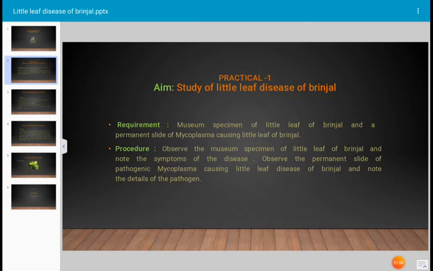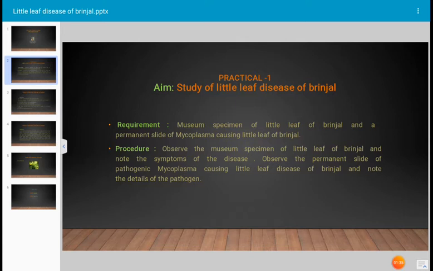And the permanent slide of mycoplasma, observe it keenly under the microscope and write down all about the structure and whatever you see in the microscope, all the details, and draw the figure. This you have to do in the practical of BSc third year.